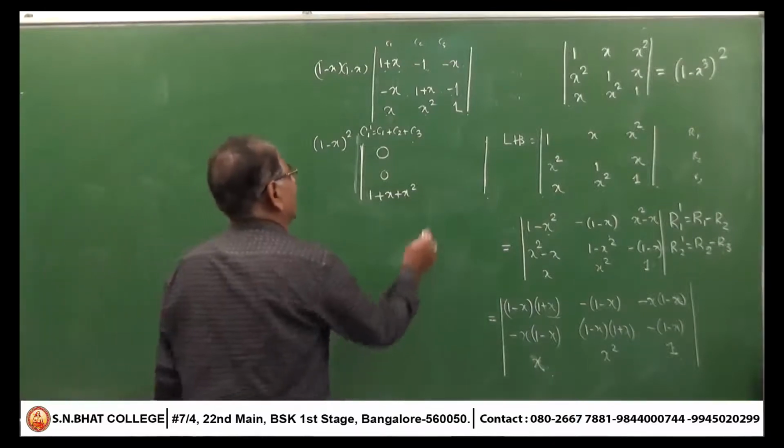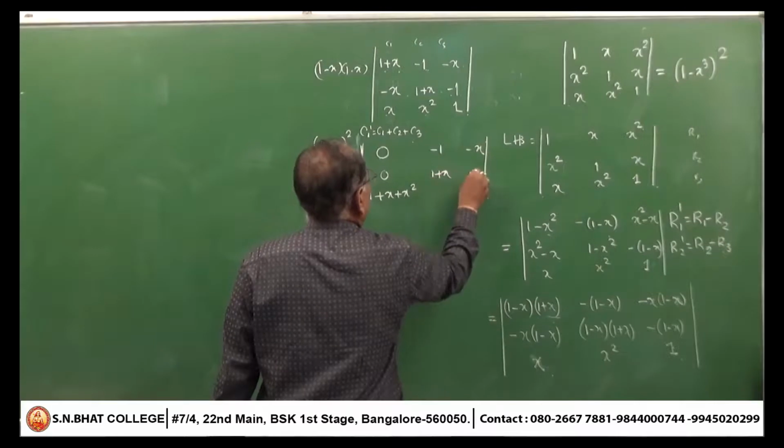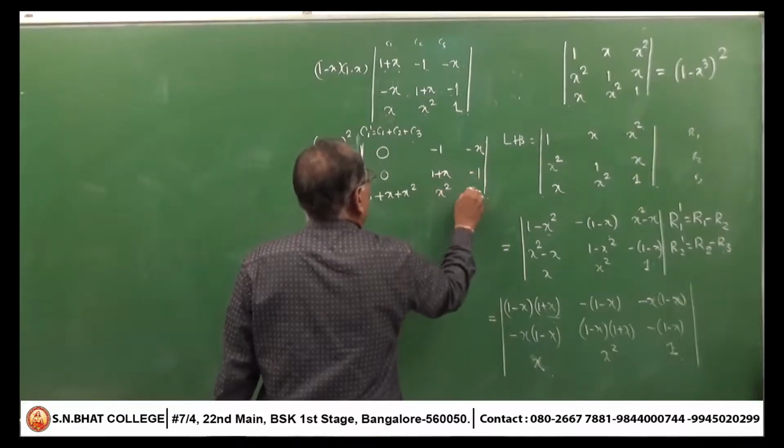Write C2 and C3 as it is: minus 1, minus x, 1 plus x, minus 1, x square, 1.